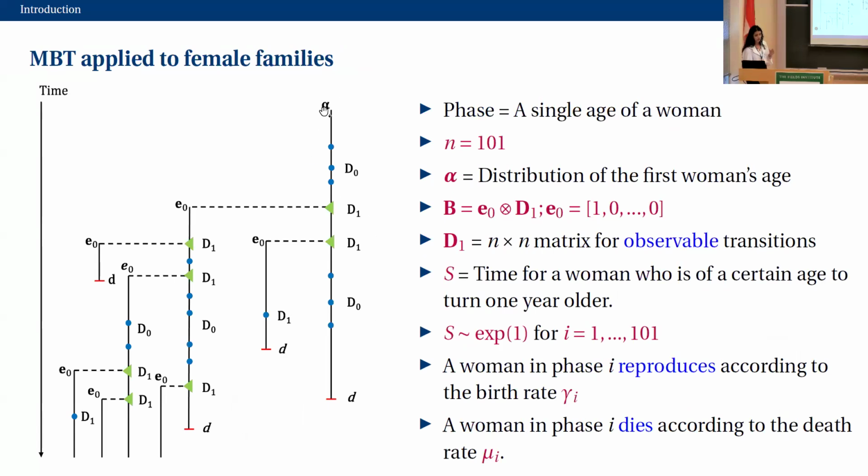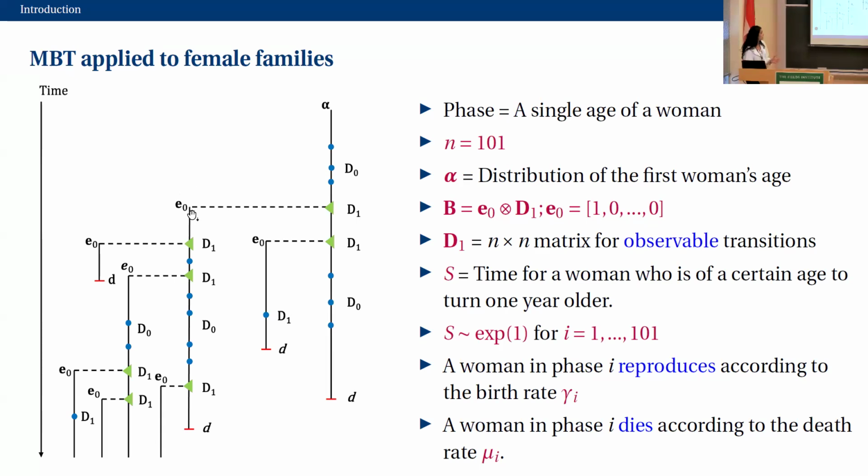Let's say the population starts with 1 woman of a given age, according to some initial probability distribution alpha. She will go on transitioning in order from one age class to another, and then a birth happens. The birth is slightly adjusted now. When a woman gives birth, she won't die. She'll continue her life according to the same mechanism, and the new offspring will always start their life at age 0.